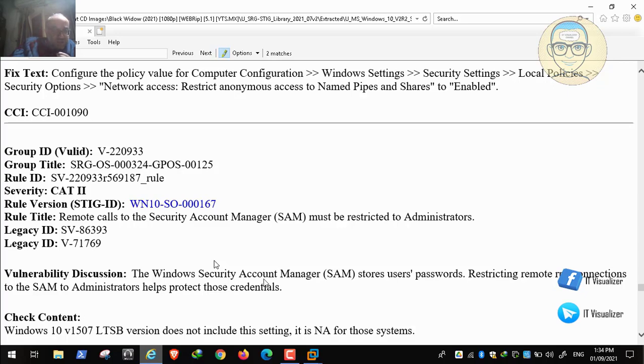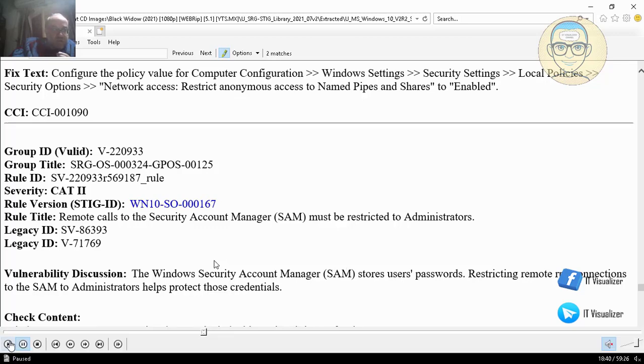So this is also one good security point. You need to restrict access to the SAM database so anyone will not know your credentials, your username and password.